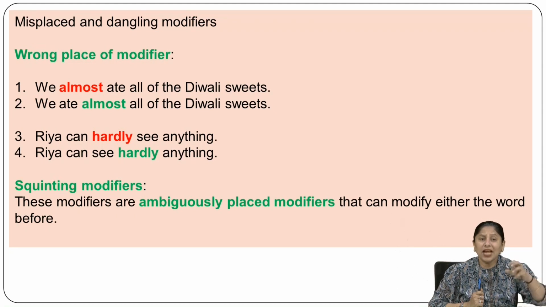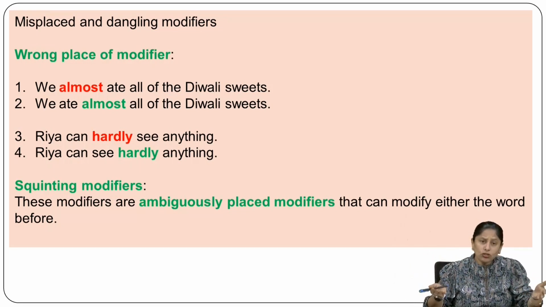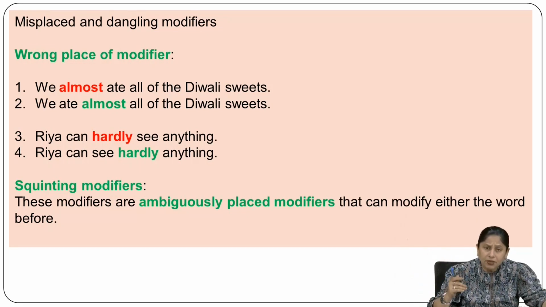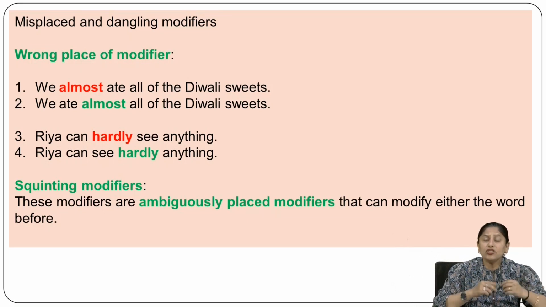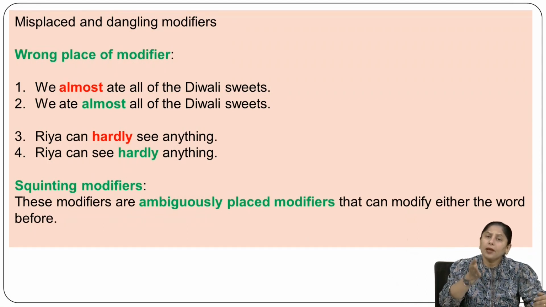It is kept either before the verb in the sentence and it is wrong, or sometimes it comes after the adjective, and that is also wrong, because the modifier which is used for modifying the adjective should come before the adjective.